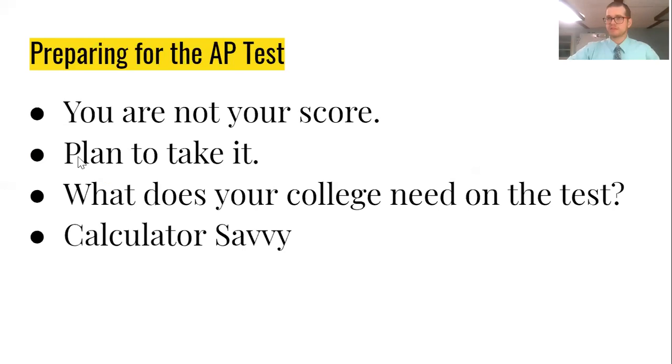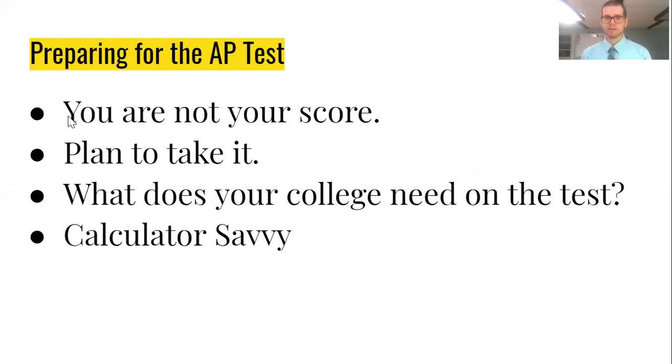Something that I jumped over, but I'm gonna come back to: no matter what happens in this course, no matter what happens, you're learning everything, and you take the test and you get a score. You are not your score. You are more than a number, okay?